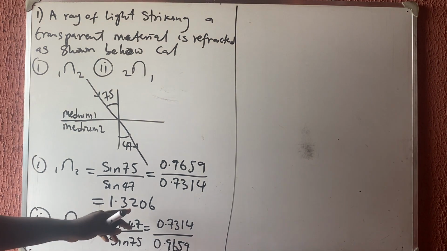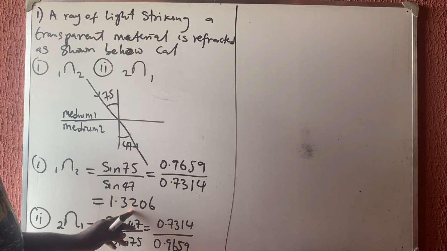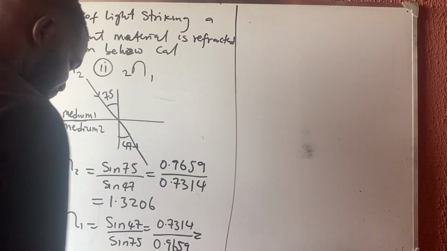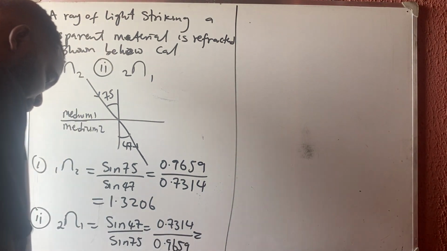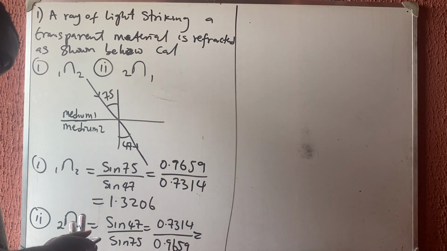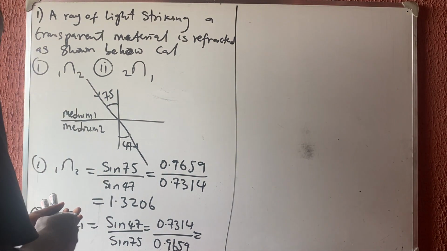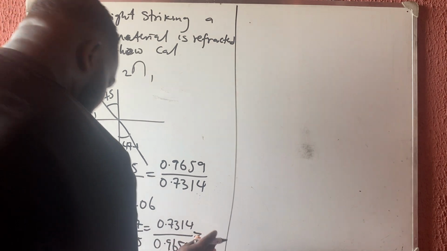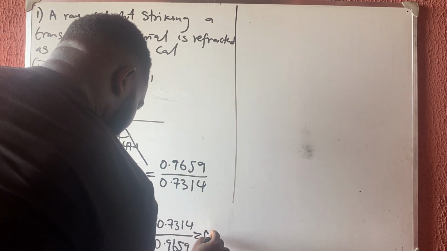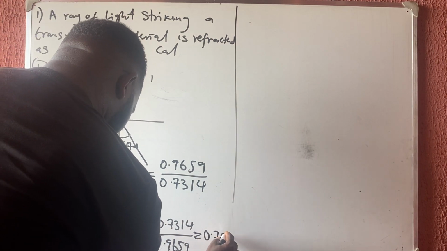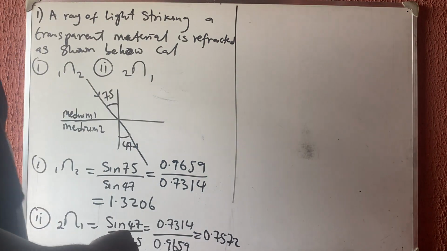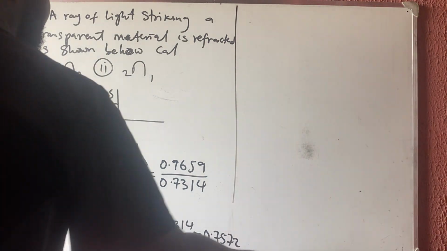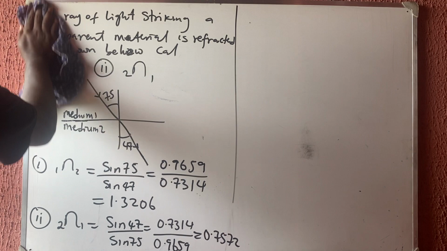Or simply, I will just say 1 divided by this answer I've gotten. You will still get the same answer. If I say 1 divided by 1.3206, I'm going to get 0.7572. So you see that is a very, very simple question to calculate. We go to the next question.